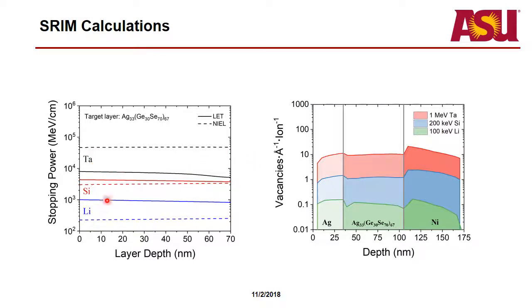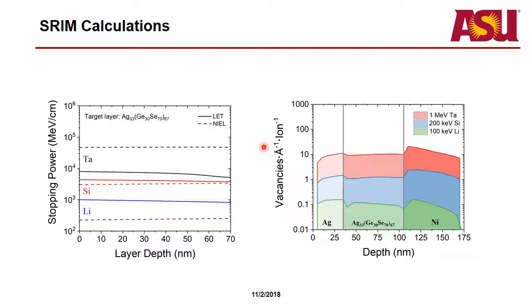So for every ion, you have some combination of non-ionizing energy loss in addition to an electrical energy loss, or LET. The purpose of evaluating these devices in a combined environment is that because you're exposing it to both types of radiation, and we're using multiple ions, it allows us to essentially separate the effects.